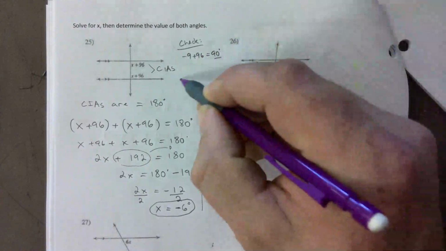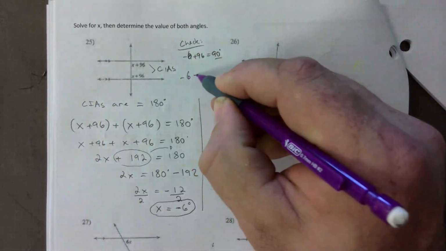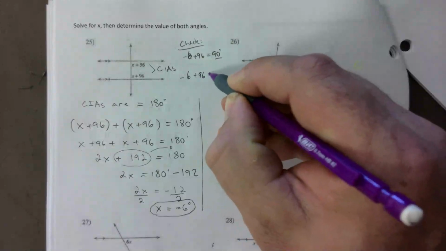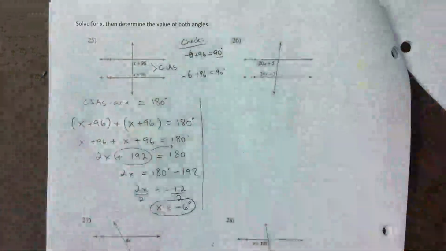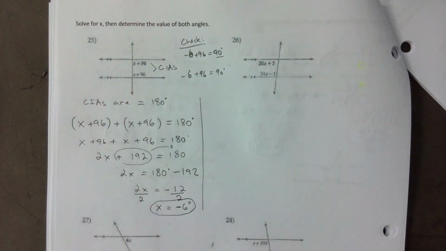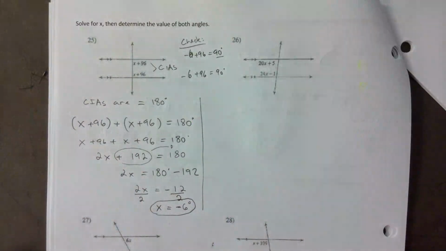And then the other one is also 90. So both of these are 90. They're the same. So we solve for x or y, whatever comes your way. And then you don't have to plug it in today. I'm just showing you that you might have to down the road.